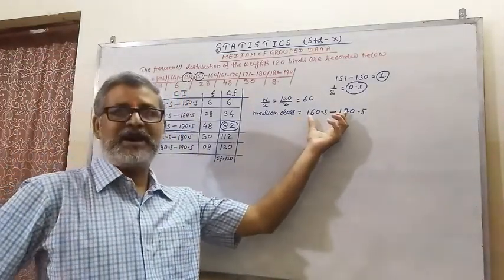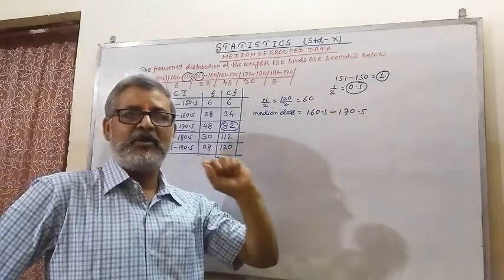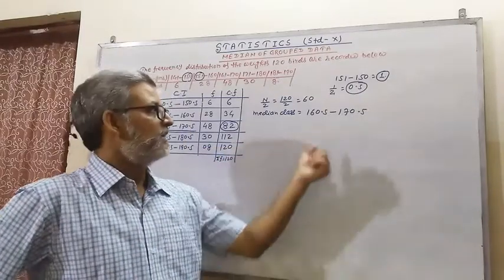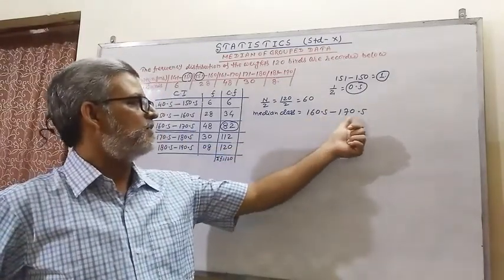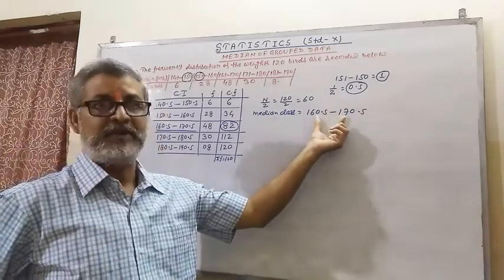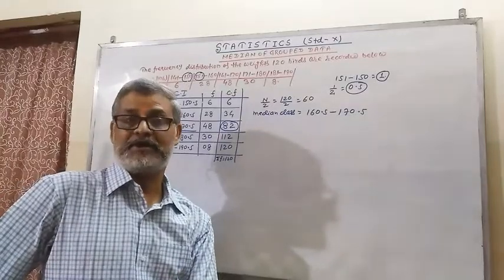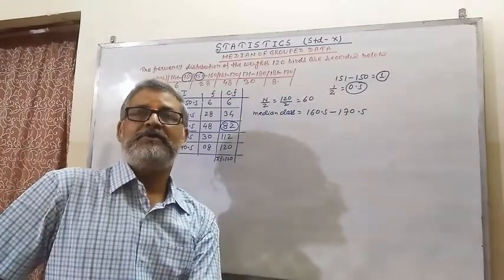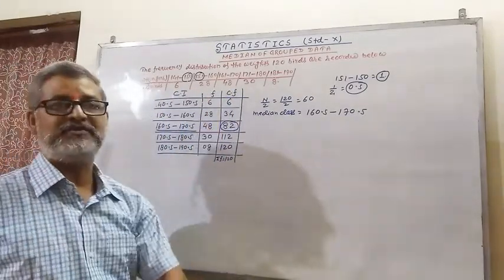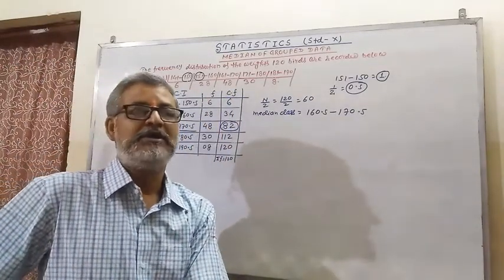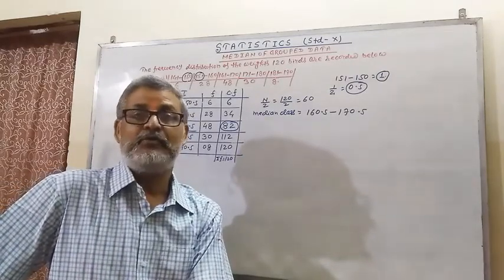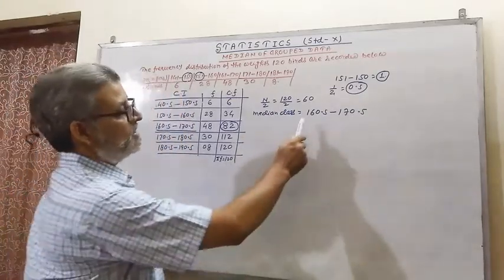One more concept is here. Whatever median class we are getting, the median will always be some value in that interval. Like here, the median class is 160.5 to 170.5, so the median must lie between them. The converse is also correct. When you solve the converse question, suppose the median is given and one frequency is unknown, then according to that median we decide the median class.